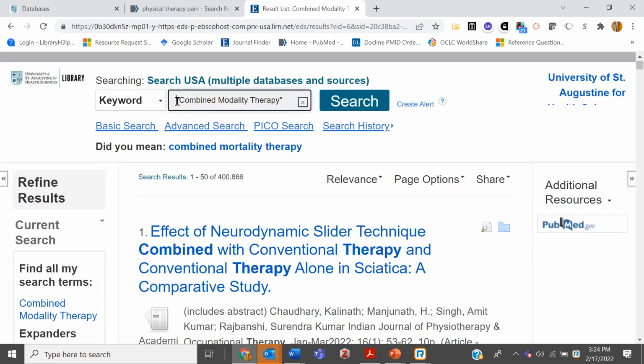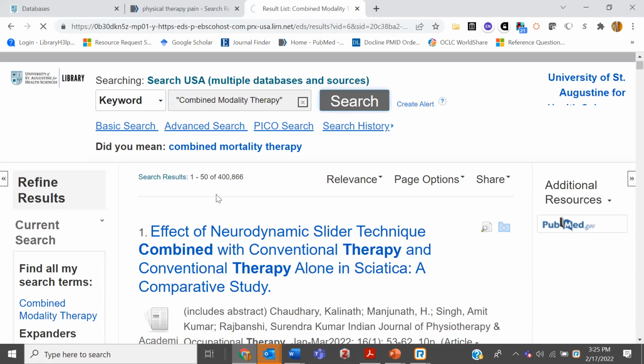So instead of looking throughout the record for these three words appearing, we're looking for them to appear together as a phrase, right? So instead of just hitting on every article that includes the word combined, the word modality, and the word therapy, we're only returning those that include that specific phrase.